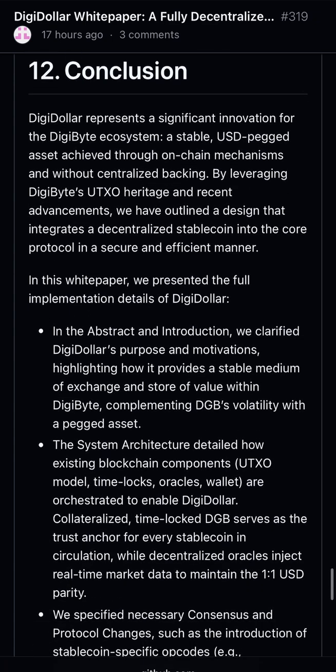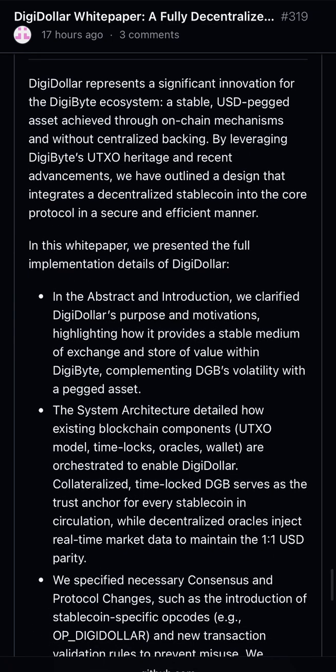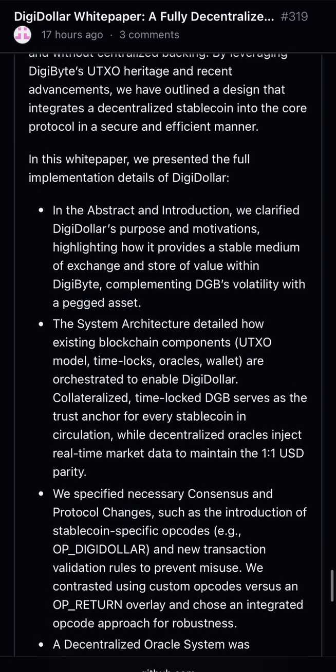12. Conclusion. DigiDollar represents a significant innovation for the DigiByte ecosystem, a stable, USD-pegged asset achieved through on-chain mechanisms, and without centralized backing. By leveraging DigiByte's UTXO heritage and recent advancements, we have outlined a design that integrates a decentralized stablecoin into the core protocol in a secure and efficient manner.